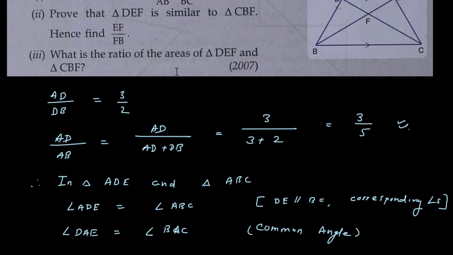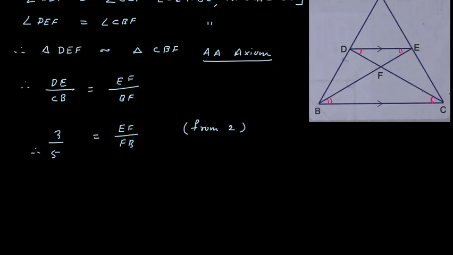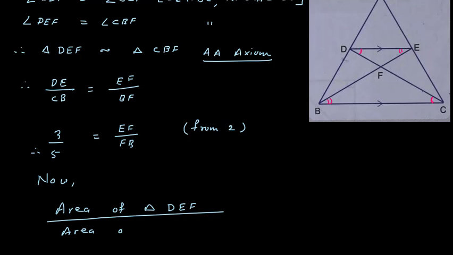Now, what is the ratio of the areas of triangle DEF and triangle CBF? As the triangles are similar, the area of triangle DEF divided by the area of triangle CBF is equal to the square of EF upon the square of BF.